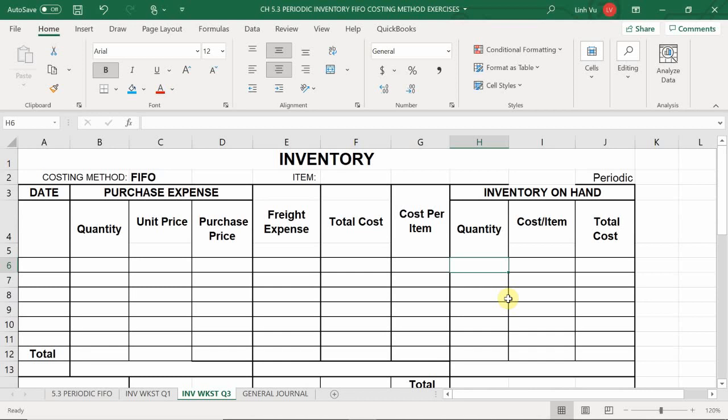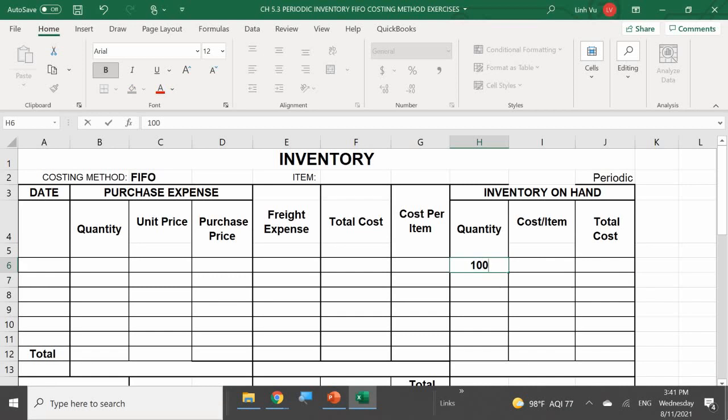So here's my 600 units at a total cost of $3,785, which is exactly what we solved in our previous example. I'm going to double check to confirm that we're carrying over the 100 from the green batch and 500 from the blue batch to get a grand total of $3,785.